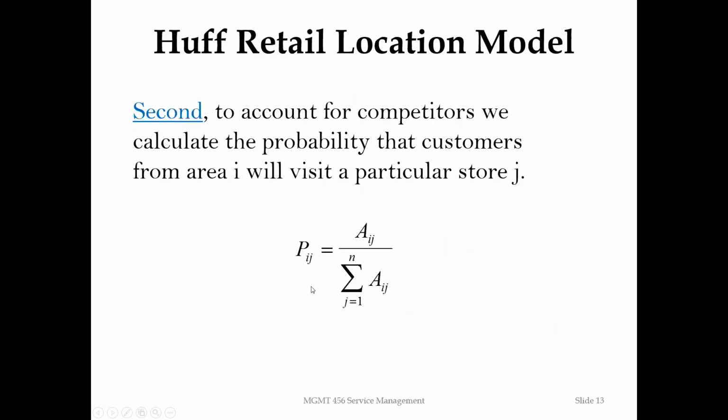The second step is to calculate the purchasing probability. When customers have options, let's say customers live in the same region and have 2 or 3 stores as shopping options, which store they want to go to, how likely they are to go to each of the 3 stores, depends on the attraction.